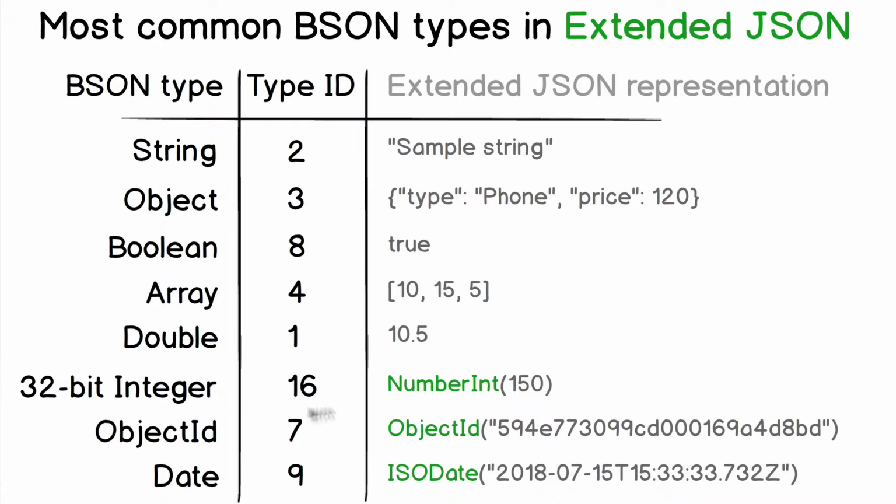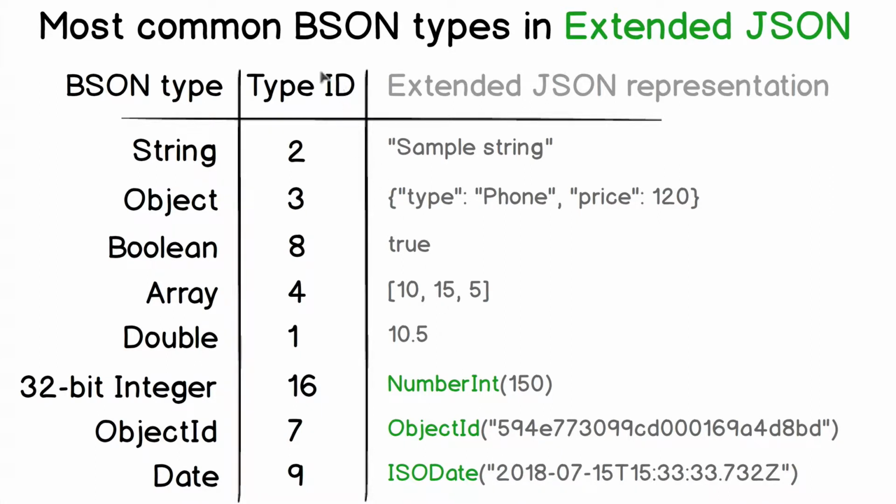Here is an example of the 32-bit integer representation. ObjectId is used in each document in MongoDB, and its goal is to make each document unique. And this value must be unique inside each collection in MongoDB. And date is the date representation in MongoDB. It is a separate type, and it has the prefix ISODate.